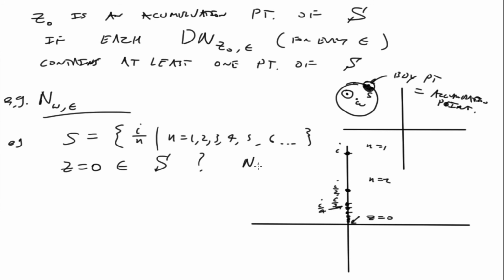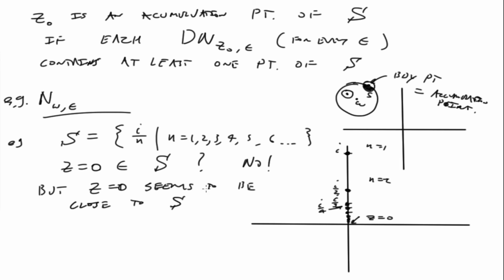So is z equals 0 an element of S? The answer is no. No value of n will create z equals 0, but z equals 0 seems to be close to our set S, right?